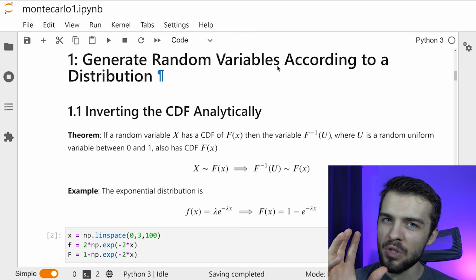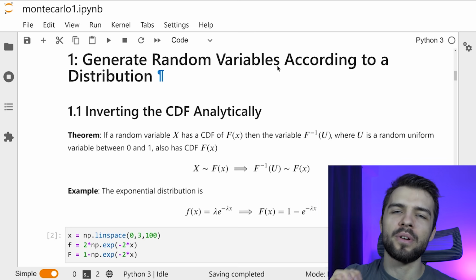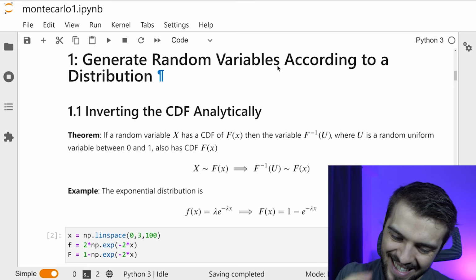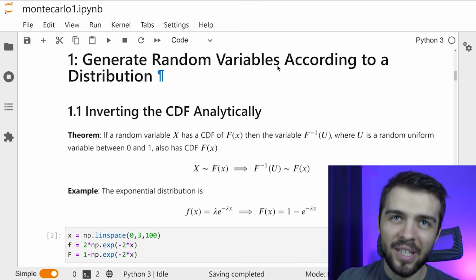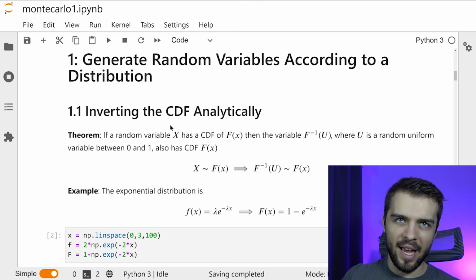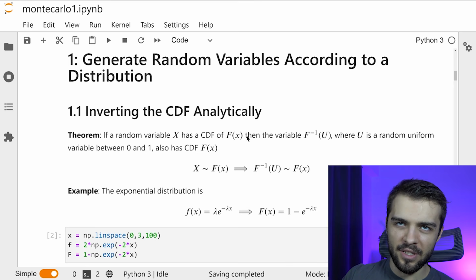And there's a really useful theorem here, and this is the most important theorem, I think, for Monte Carlo. It's really useful to sit, read it, and really understand it. So it goes like this. If a random variable x has a cumulative density function F of x, that's useful to know what that is, the CDF.